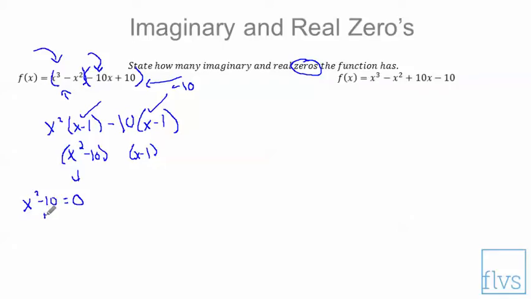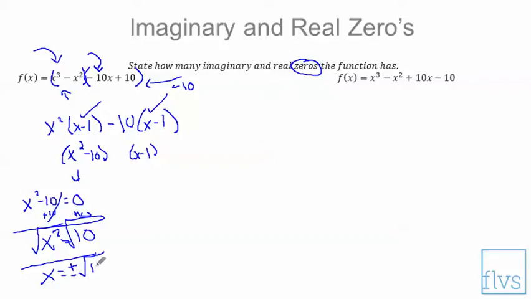I'm going to solve by adding 10 to both sides, and then we get x squared is equal to positive 10. The last step is to square root both sides so we can get x by itself, and we get x is equal to plus or minus square root of 10. Remember that we want to put plus or minus when we square root because we've got the positive version of the answer and also the negative version.